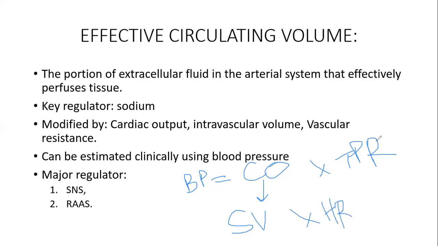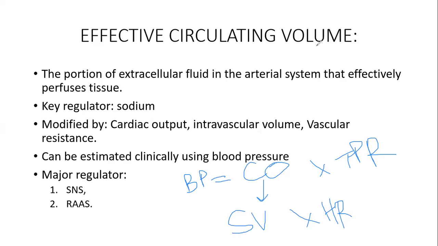Using all these variables, you can modify the blood pressure, ultimately modifying the effective circulating volume. You should know that effective circulating volume not necessarily correlates with total body water.